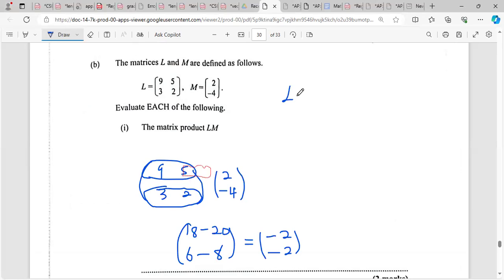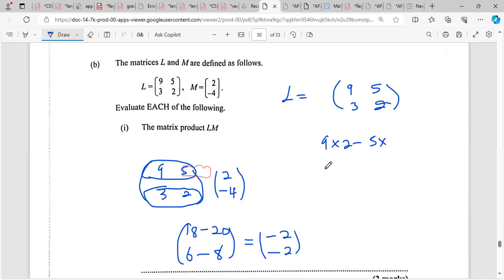L inverse. So we know that the inverse... no, we didn't calculate the determinant, that was for the previous one. So we have 9, 5, 3, 2. By the way, join the live, they're supposed to get a whole heap on matrices. So it's AD minus BC to find the determinant. Of course, we have 5 times 3.